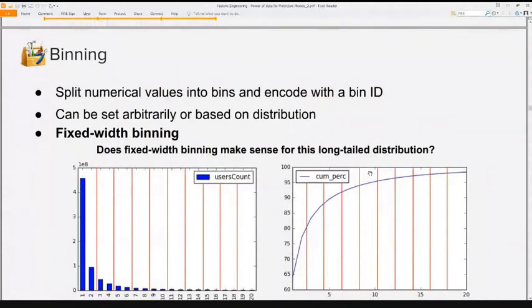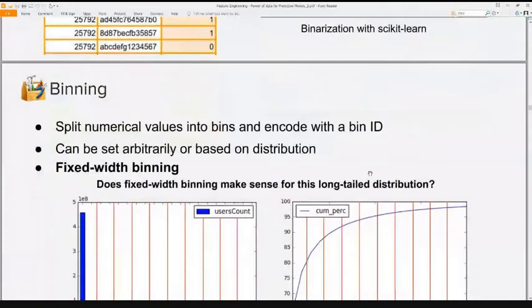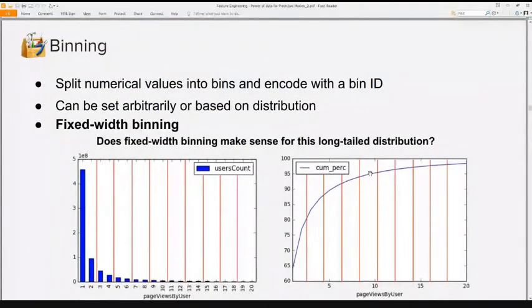Into a binary format. We have binning, that's splitting numerical values into bins and encoding with the bin ID.